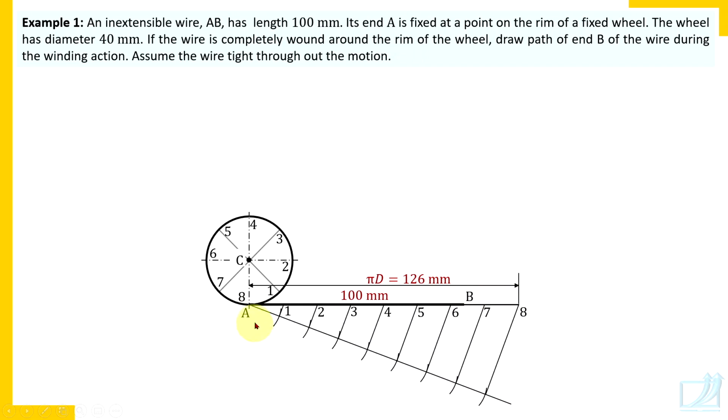You will divide length pi d in 8 parts and then take the length of this one division in the compass, and then after it you start marking those divisions again. So the next division you should number not as 9, but you should number it again as 1. And again 1, 2, 3, 4, 5, 6. That means in the next length pi d you will get 8 divisions.